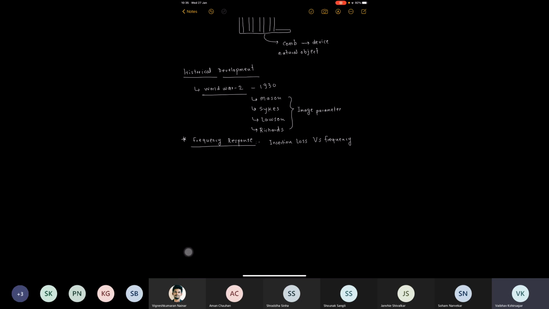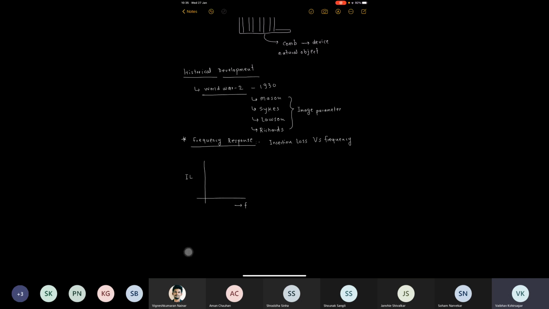On the y-axis, the dependent axis, we plot insertion loss, IL in short, versus the independent variable, frequency, on the x-axis.